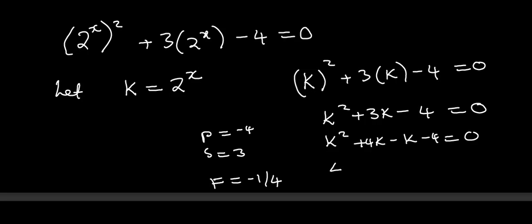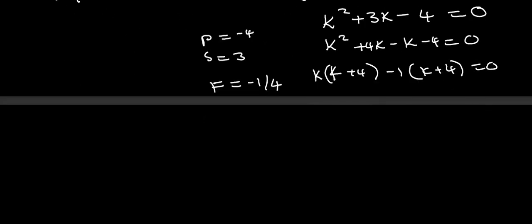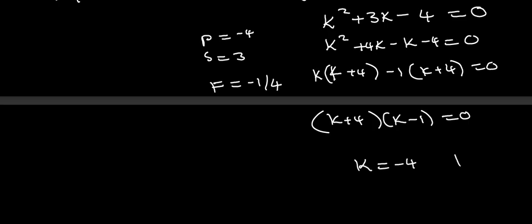Factorizing, we have k times k plus 4, then minus 1 times k plus 4. This is k plus 4 and k minus 1, giving us 0, implying that k is equal to negative 4 and k is also equal to 1.